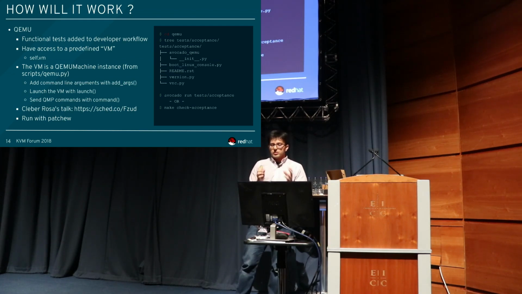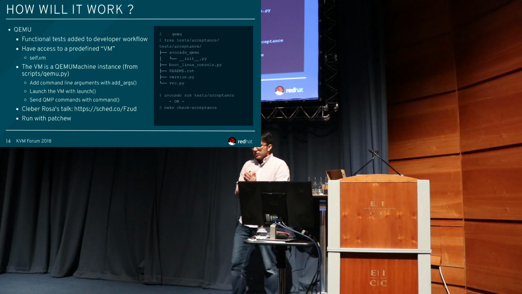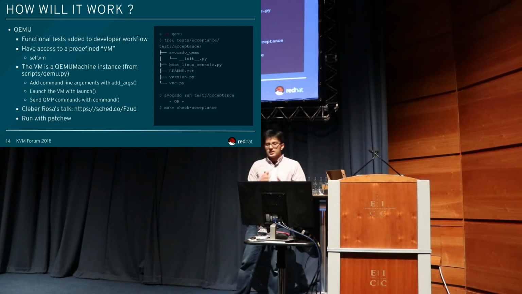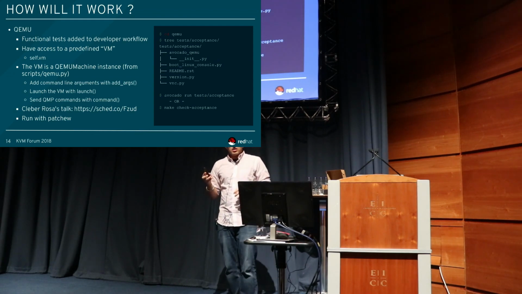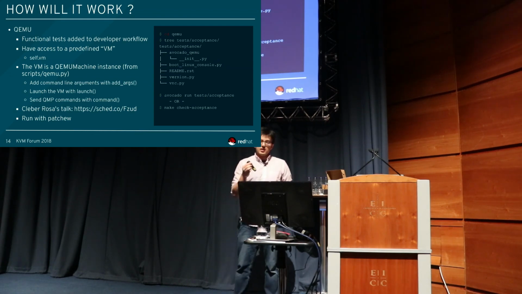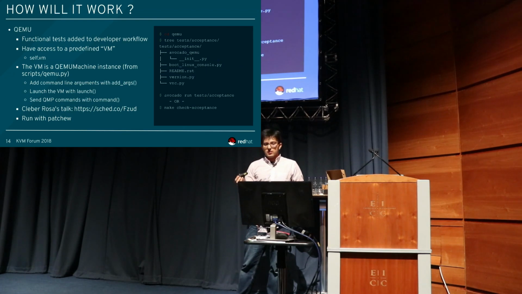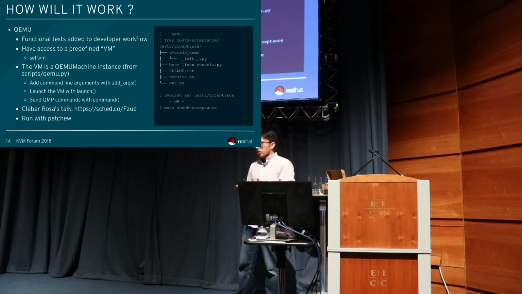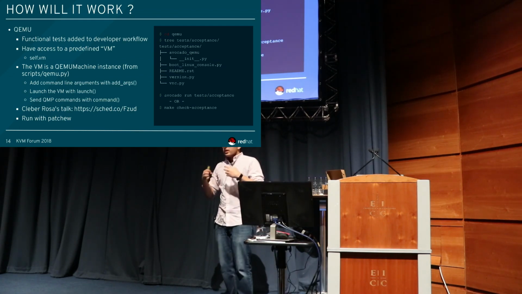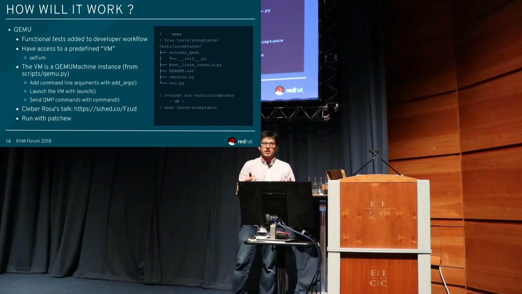If I were to summarize the effort underway, the tests are present in the QEMU source tree, and the developer has access to a predefined VM that you can launch. You can add arguments, and you can run QMP commands with it. Now, this will encourage developers to write more functional tests as features are being added.